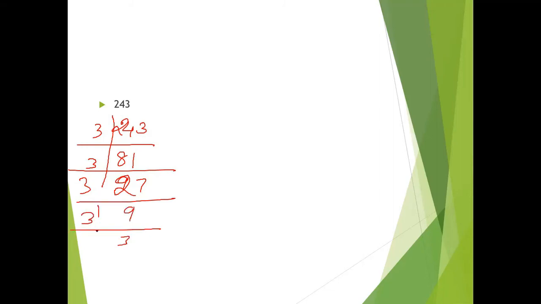243, इसके प्राइम फैक्टर्स करते हैं. Starting with 3, 81, 3, 9, 27, again 3, 9, again 3, again 3, 1. So here 3 appears 5 times.